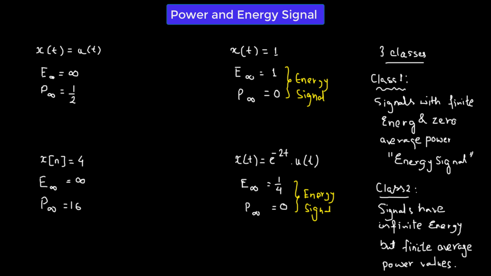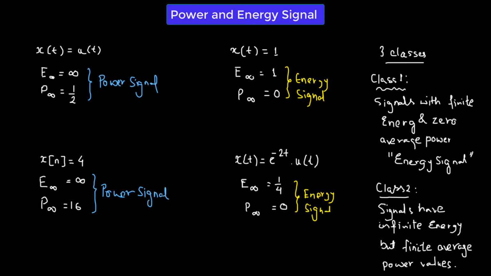If we look at our examples, we have x of t equals the unit step function. This has infinite energy, but it has a finite average power value. So this is going to be referred to as a power signal. Similarly, when we consider the discrete time signal with value 4, we see that the energy value is infinite while the power value is finite. So this is also going to be a power signal.